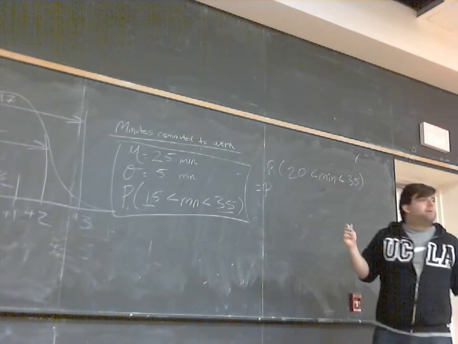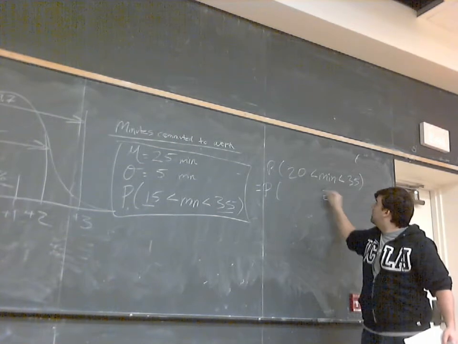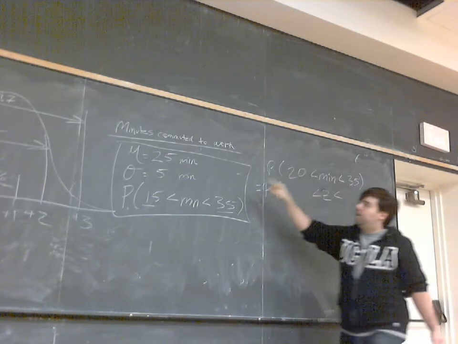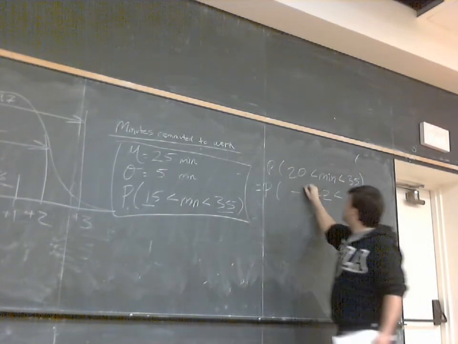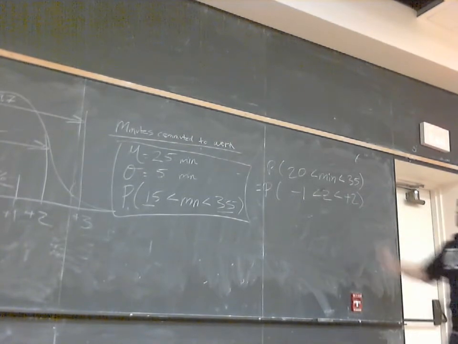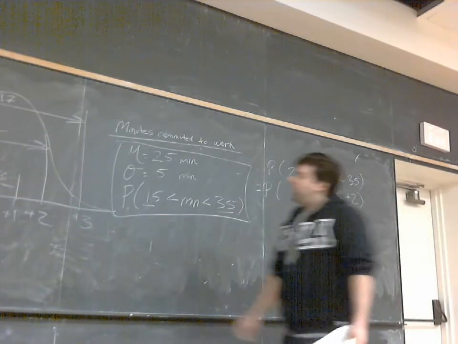So hopefully now you remember the first step, z-score. The z-score is -1. 20 is 5 below 25, so it's only one of these below, so it's -1. 35 we've been using is +2. Right, -1 to +2. Well, we already got part of it.